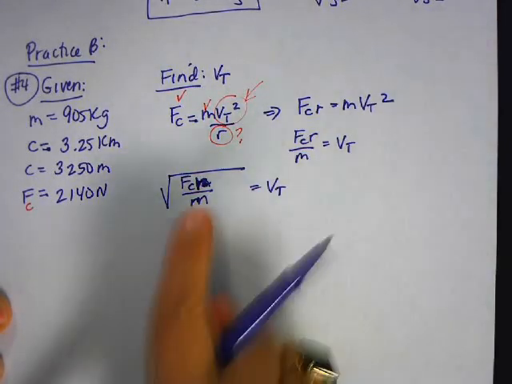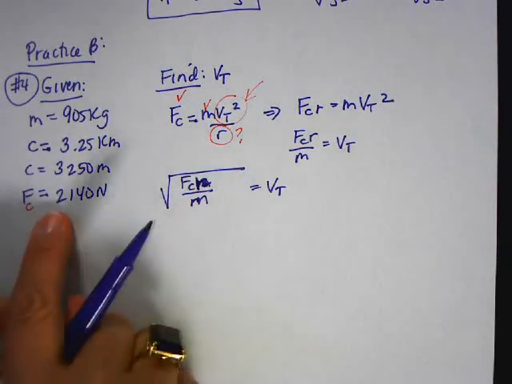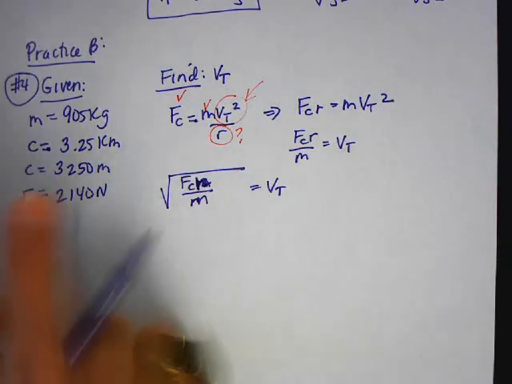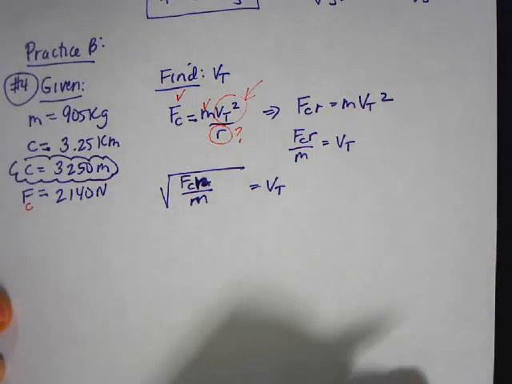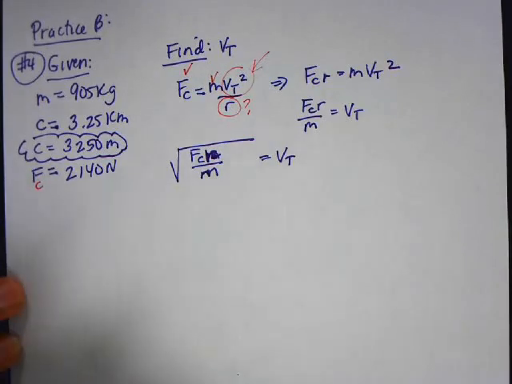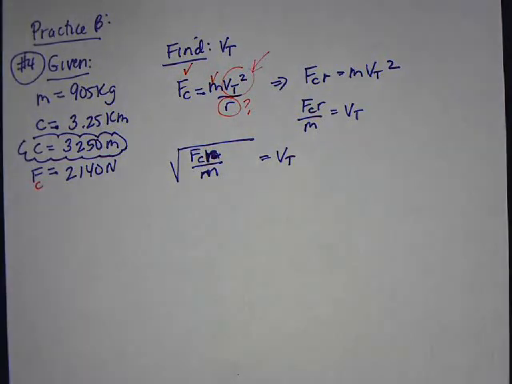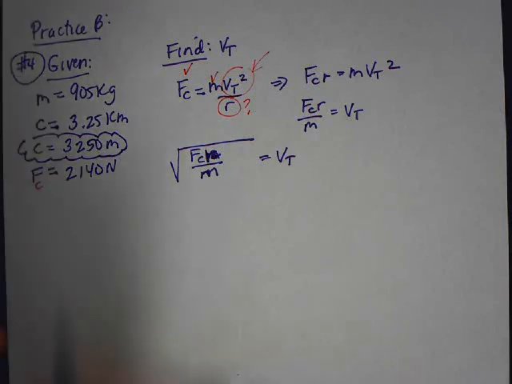The problem is I still need the radius. So now I'm going to look over here and say, how can I find the radius? Obviously, I'm going to have to use this information. So now I have to say to myself, is there a relationship between circumference of a circle and radius? Yes.